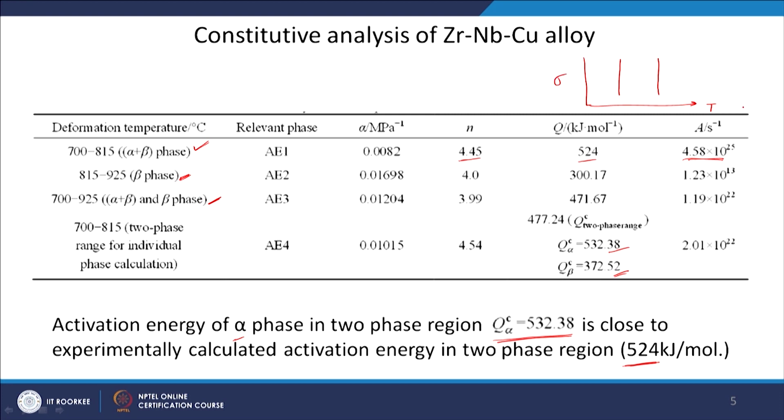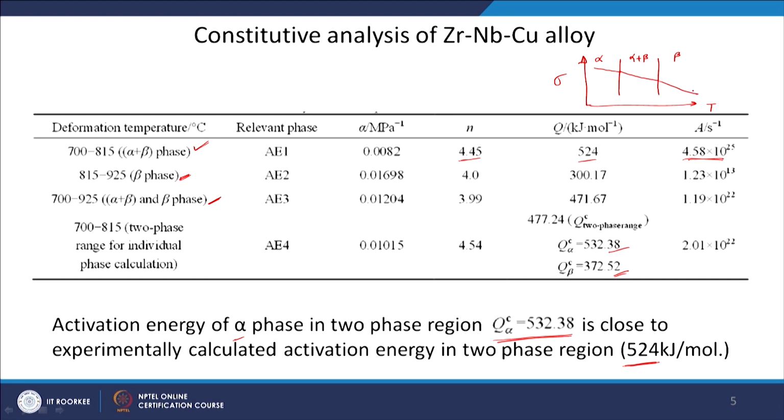Temperature is increasing here and flow stress data is like this, and this is where you have alpha phase, this is where you have alpha plus beta, and this is where I have beta phase. Suppose flow stress is decreasing as a function of temperature obviously, but their slope may be different in different regions. So, let us say you have something like this.